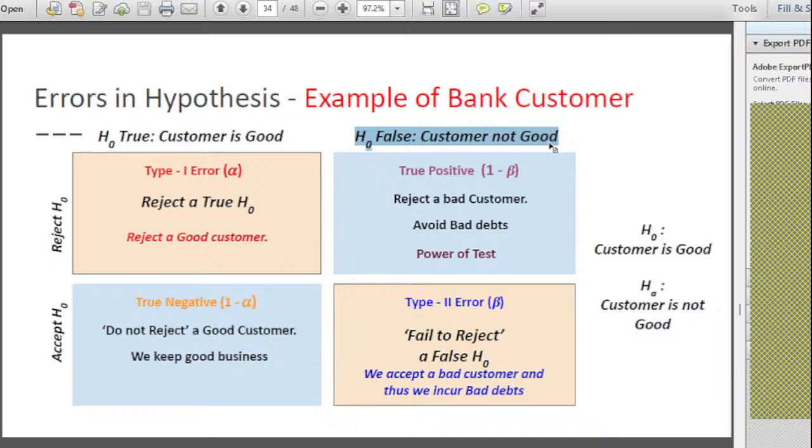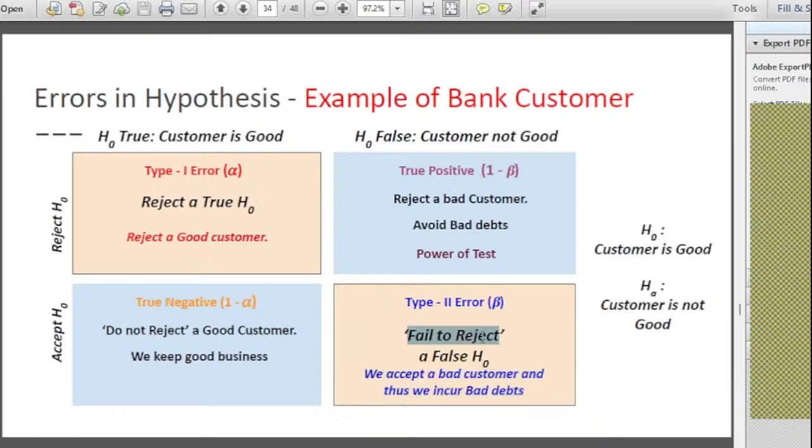Yeah, Vijay Mallya, right? Anyways, that was a planned story, but you can take that case. So that was another error they made. We accepted a bad customer and thus we incurred bad debt. So the bank accepted a wrong customer and incurred bad debts.